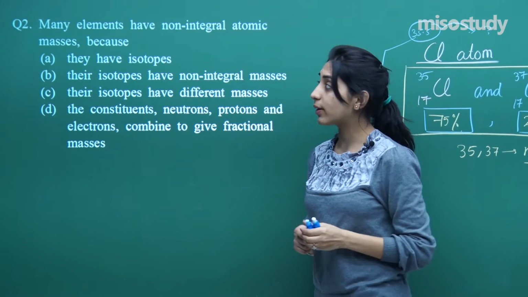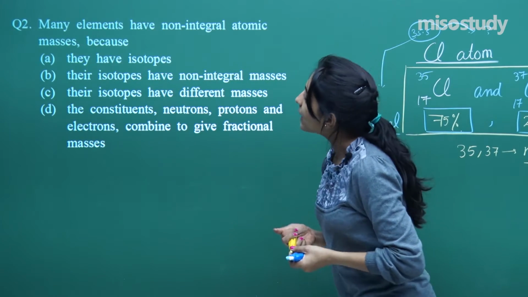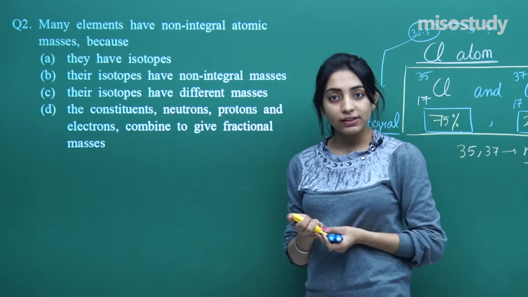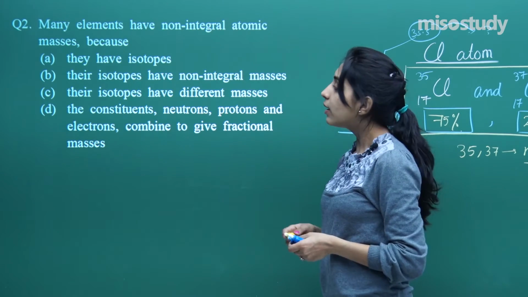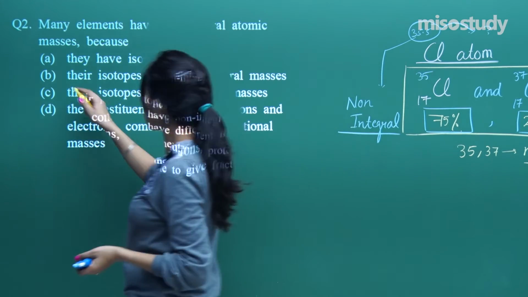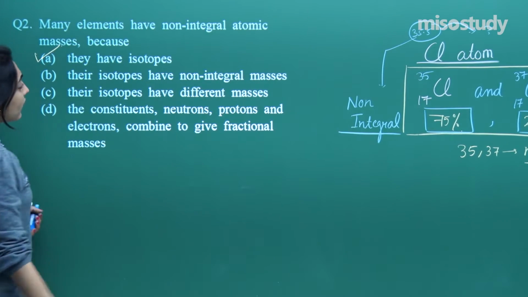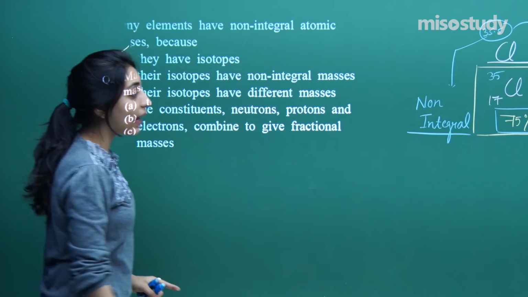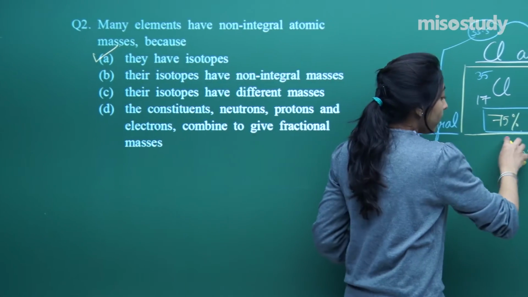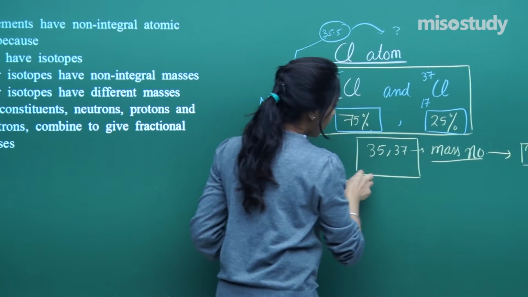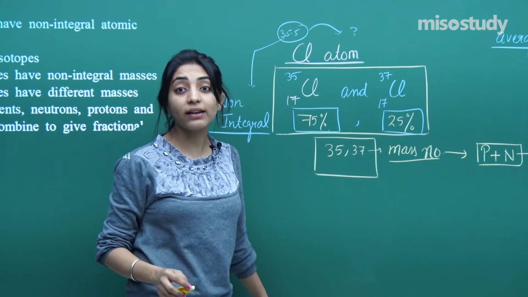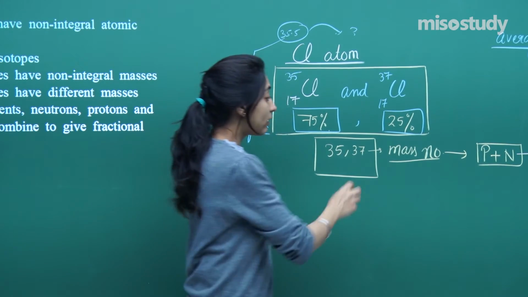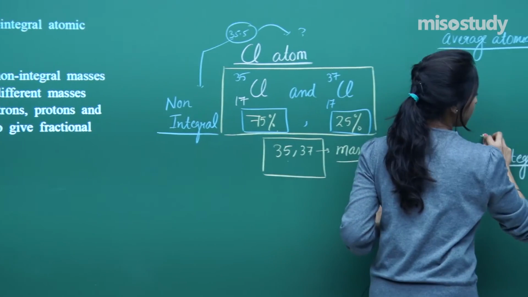So reading the question once again, many elements have non-integral masses because they have isotopes. Yes, that is correct. Because their isotopes have non-integral masses, this is wrong. See, I have specified that the two isotopes were having atomic mass of 35 and 37. So these were integral values.